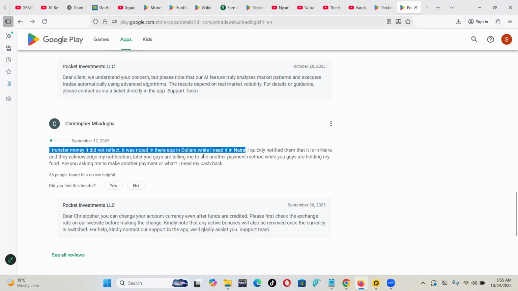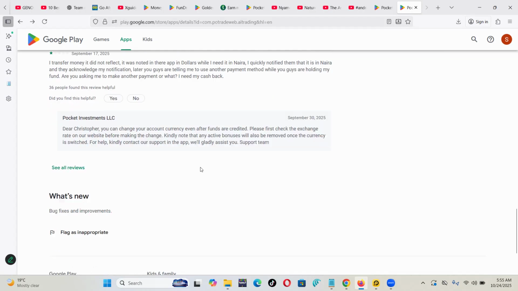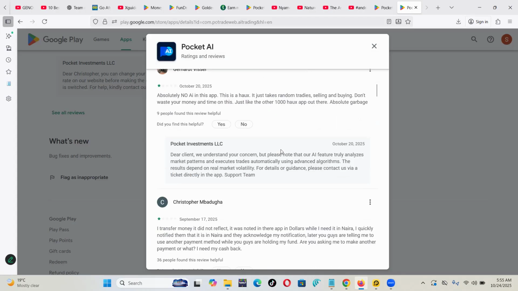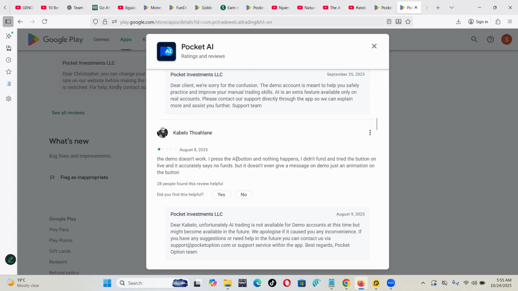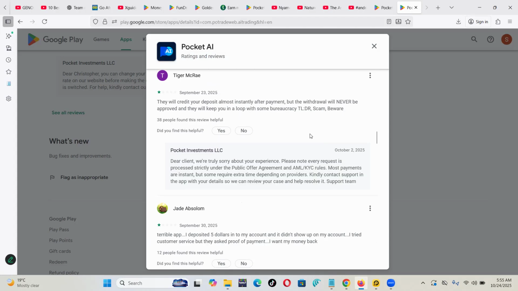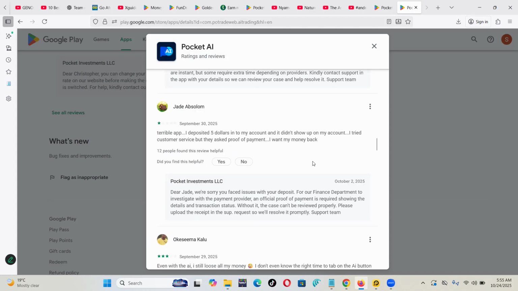So they told him you can change the currency even if you have credited the money. Just as I told you, there are complaints and some bad reviews, but these guys are responsive. They try to reply to everyone, and I see most of the people who have been replied to, I think they sorted them out.